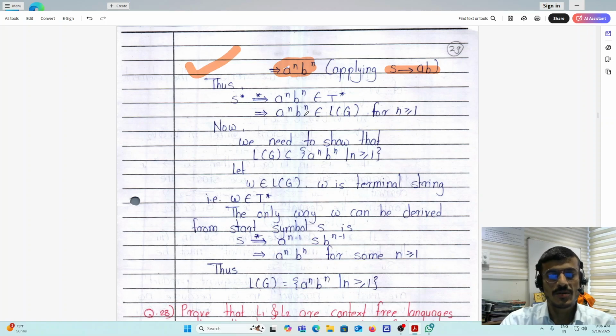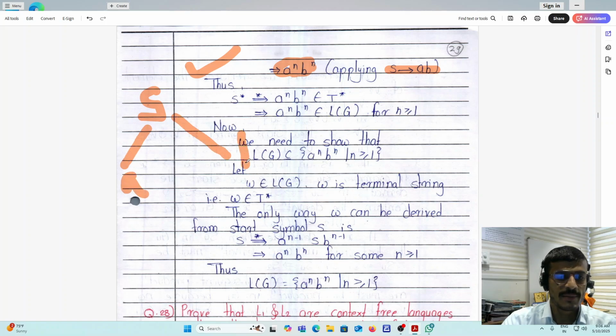Don't think about the remaining part over here, and you can go for the derivation tree. What will happen? Initially S will be there, on the left a will be there, on the right b will be there, and in the middle again S will be there.